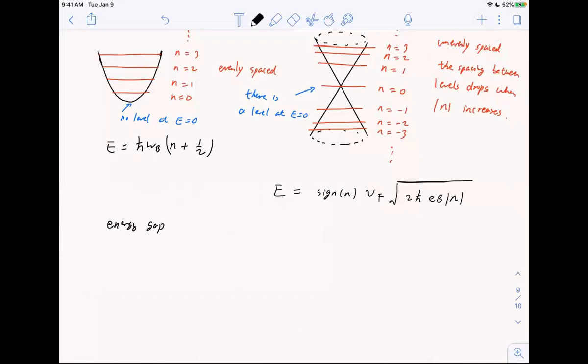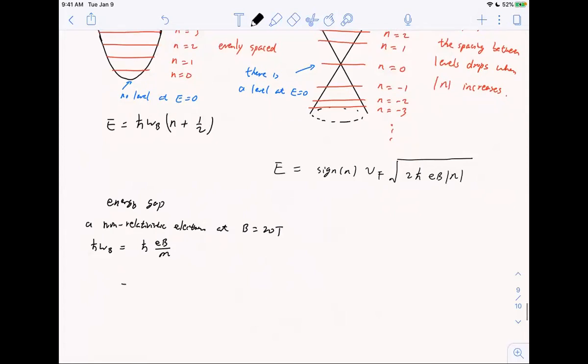So for example, let's consider a non-relativistic electron at B equal to 20 Tesla. Okay, so this one will be h bar eB over m. So you just plug in the number.